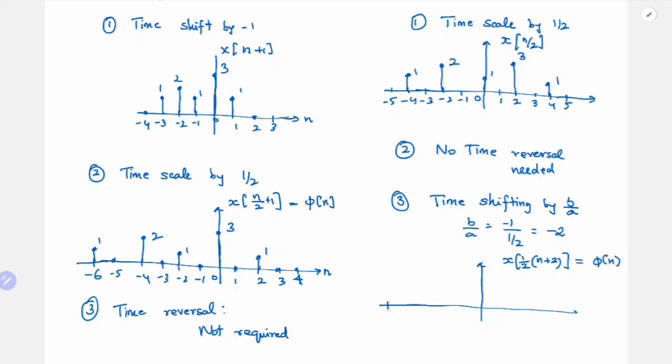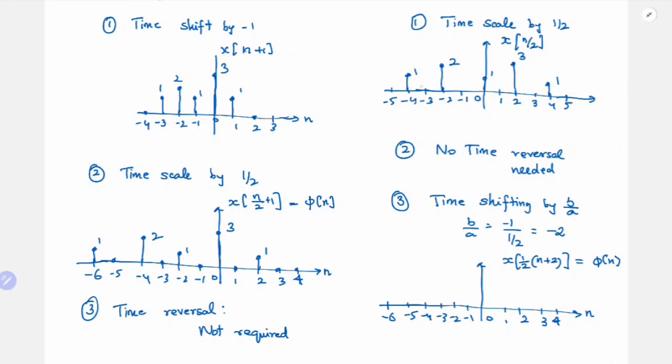So I start from minus 6, minus 5, minus 4, minus 3, minus 2, minus 1, 0, 1, 2, 3, 4, n. So I have to shift this signal to the left by 2 units, right?